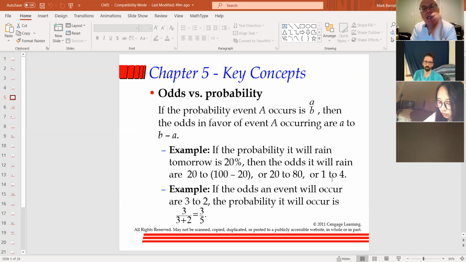So that's the odds that it will rain tomorrow. The odds that it will not rain tomorrow is 4 to 1. And then if we have the odds as 3 to 2, this is the example I gave you before, you just add the 3 and 2 together to give your denominator, and the probability that it will occur is 3 divided by 5.